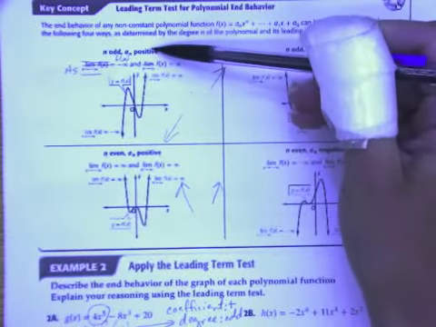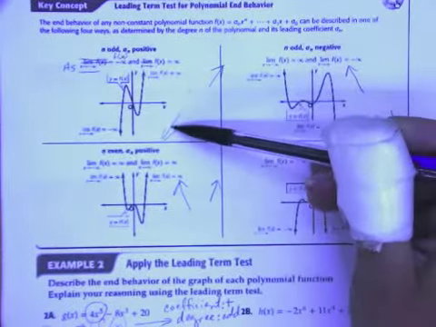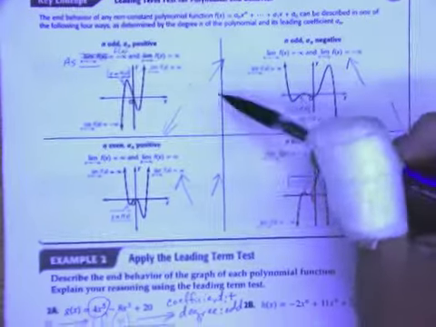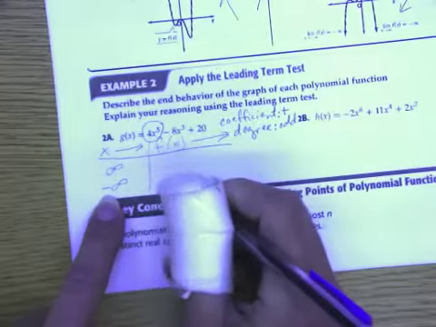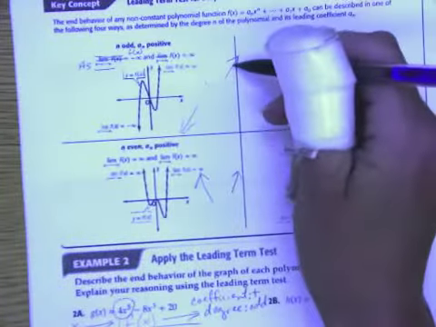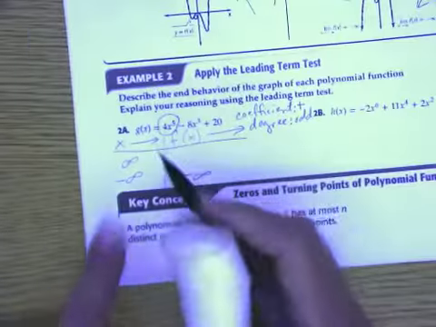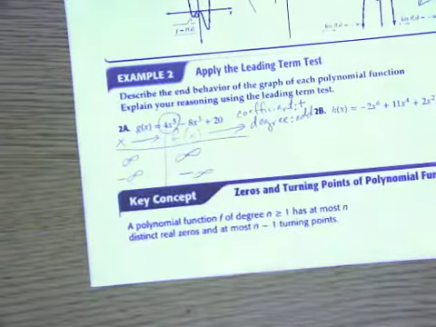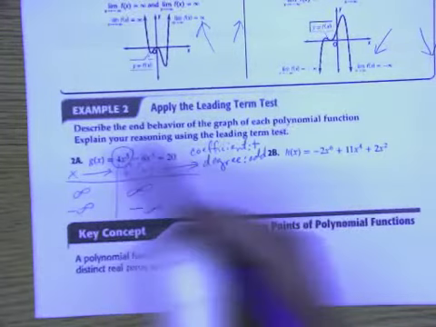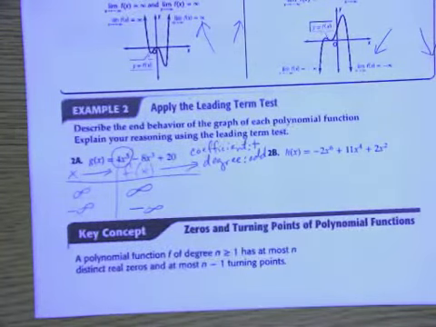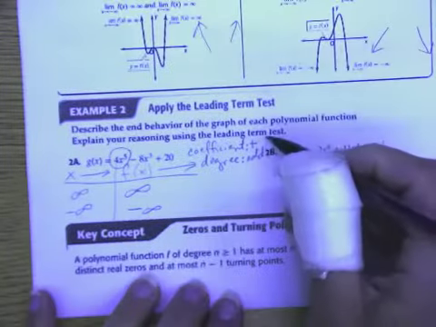Notice that the degree is odd, the leading coefficient is positive, so I know on the left it's going all the way down. And on the right, it's going all the way up. And if I asked you to use the leading term test on a test to determine its end behavior, this would be adequate.